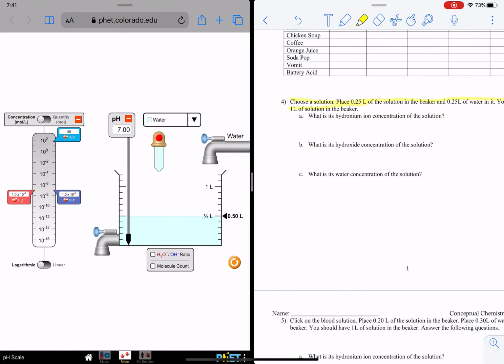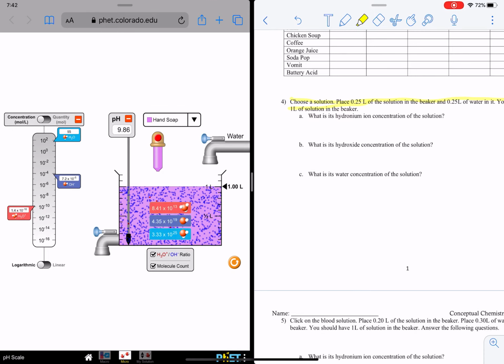We're at macro, we go to micro. Let's start that over. Let's use hand soap. We go 0.25 of hand soap and 0.25 of water. Oops, too much. All right, now we can get our concentrations.